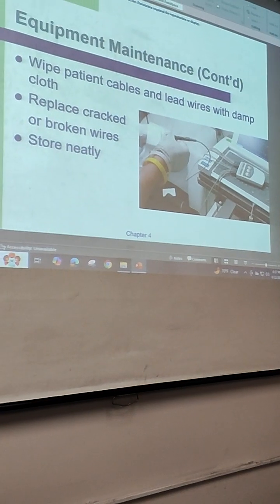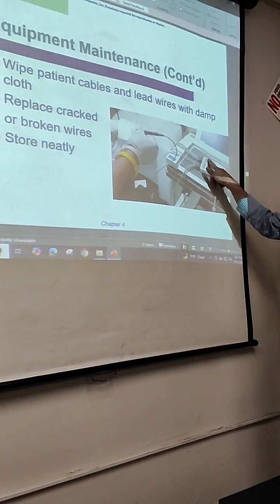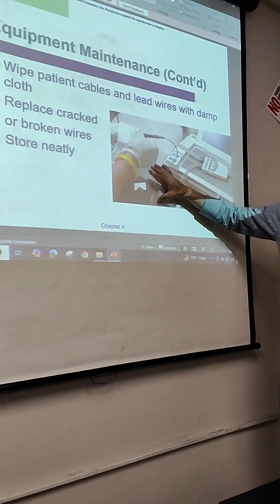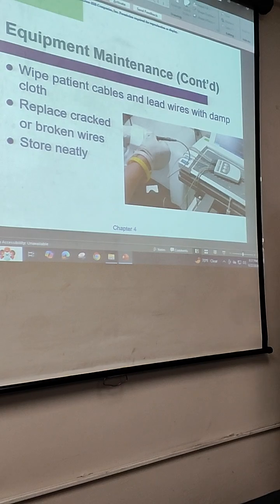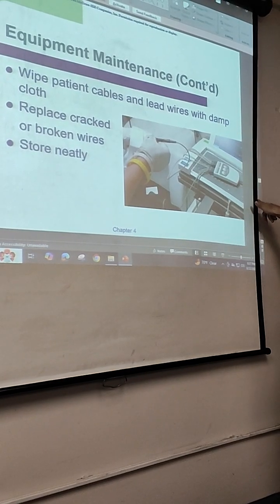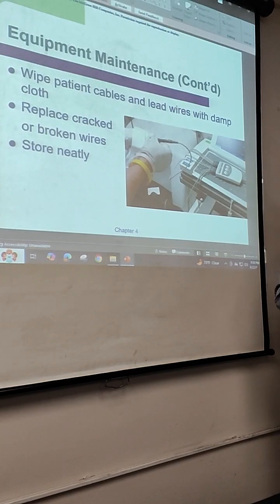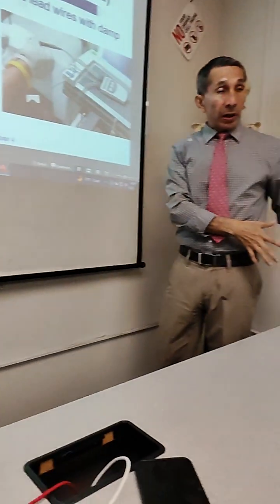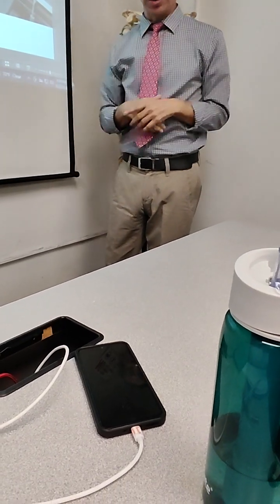Remember the machine? These are the cables. This part is the one that connects all the 10 cables that are going to be attached to the 10 electrodes, right? And this is the part that connects with electricity. This is the part that we're gonna place right here on the patient's belly or a little on the side, and then all the cables are gonna be attached to the patient.